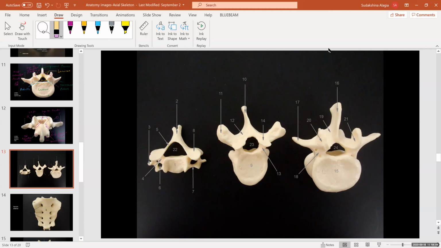Someone asked, generally, how would you describe a facet? Is it just a concave area of articulation? A facet is an area of articulation, yes. It's not always concave. Sometimes it's just straight. Here for the lumbar vertebra, it is concave, but look at the thoracic vertebra, it's not concave.